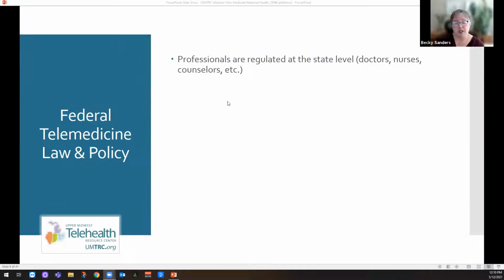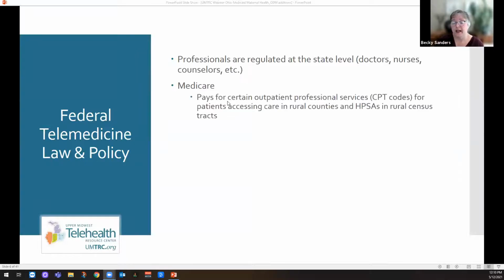So as I mentioned before, at the federal level, we have Medicare reimbursement for telehealth, and prior to COVID, it was based on 4 conditions of payment. And we'll look at those in just a minute.